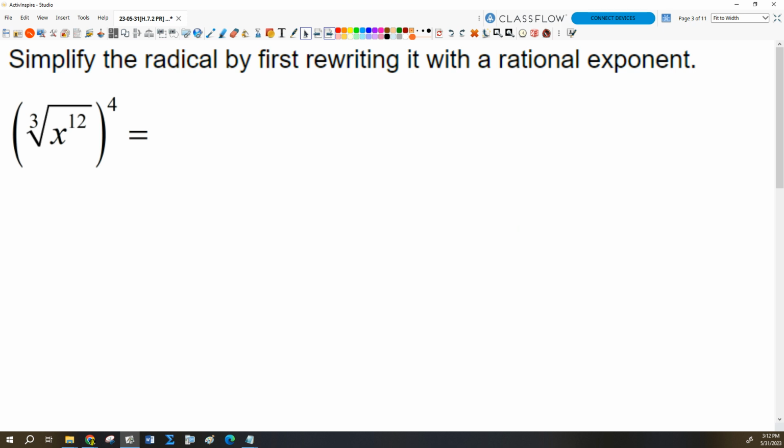Okay, what about one like that? Looks complicated as a radical. What could we do there? Matthew, what do you think? Okay, so help me out. What's that going to be then?